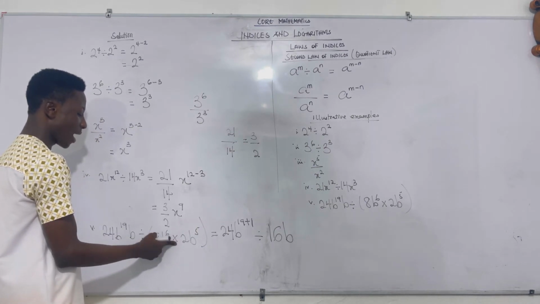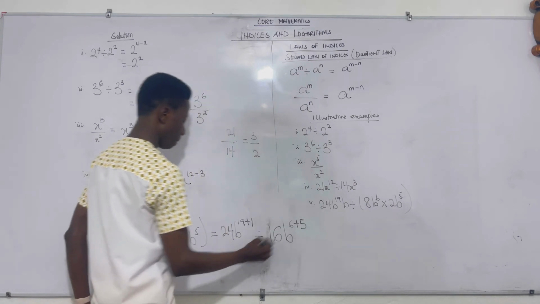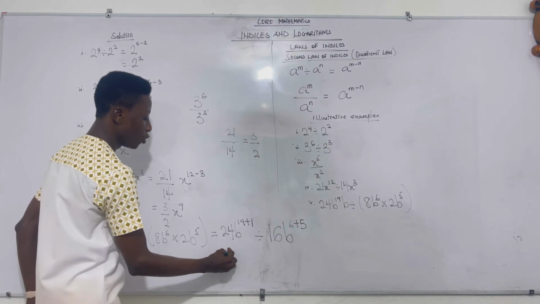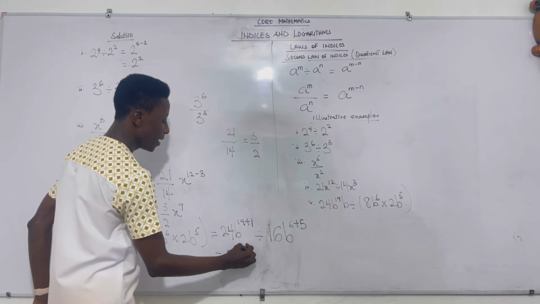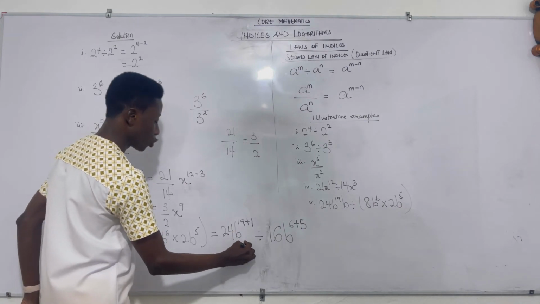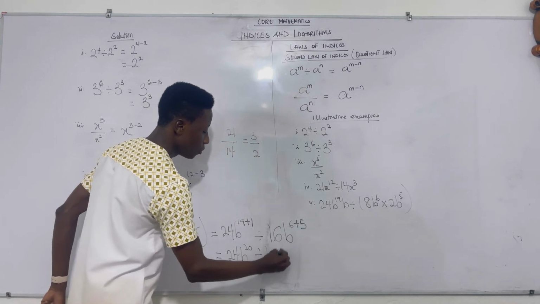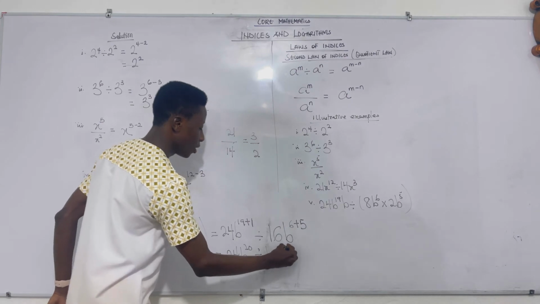They are multiplying, so I'll add the powers. That will be 6 plus 5. Alright? So at the end of the day, you would have 24 B to the index of 19 plus 1, which is 20, divided by 16 B index 5 plus 6, which is 11.